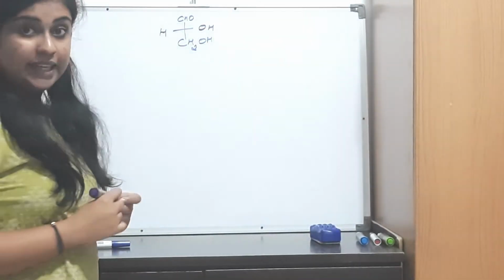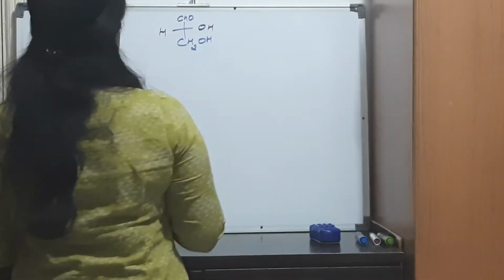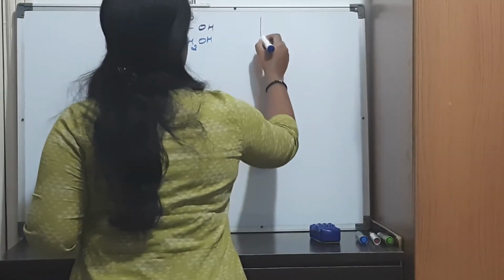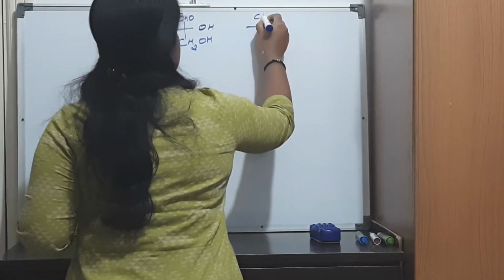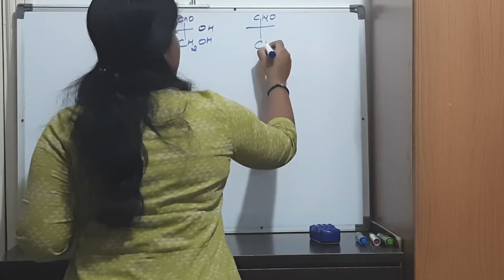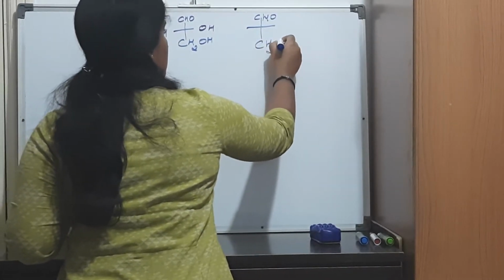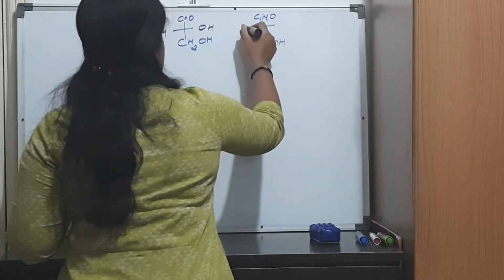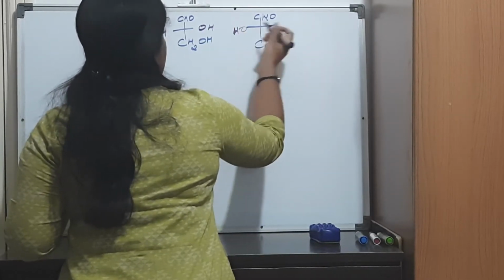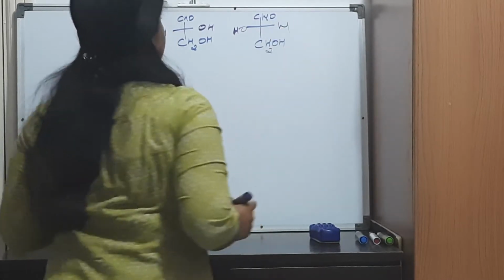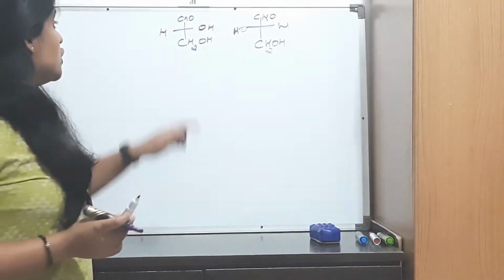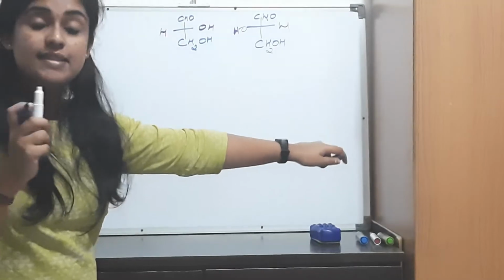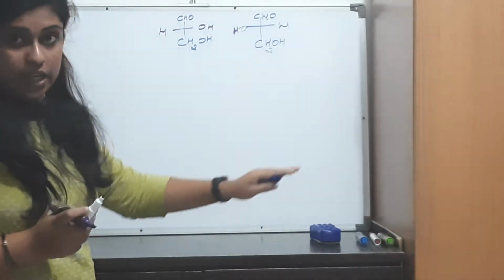So I can have H here, OH here. This is one possibility. Another possibility is the same chain, CHO here, CH2OH here, and I can have OH at this side and H on the right side. 2 possibilities are there. So this is the simplest molecule, glyceraldehyde, which is the simplest aldotriose.